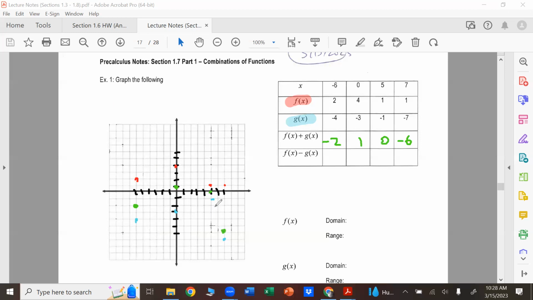So you can see that the green dots are all in between the blue and red dots, as they should be, because you're adding. Well, you had some negatives and positives. But yeah, that's just plotting points, not that hard.